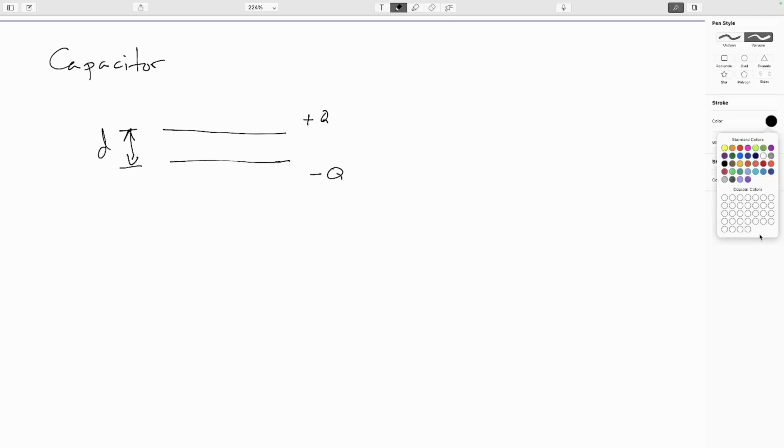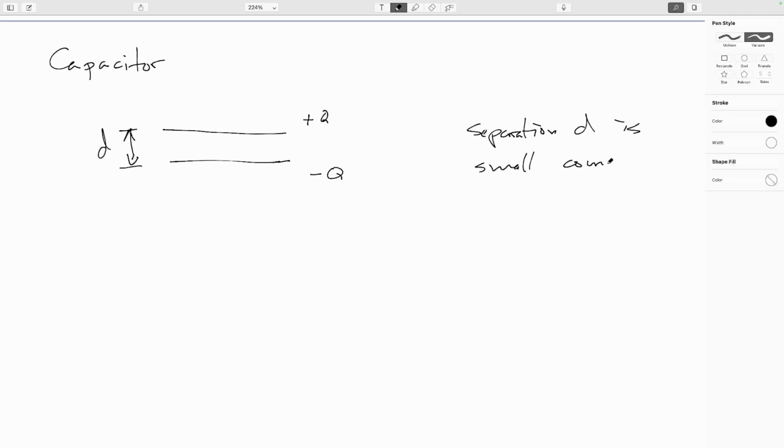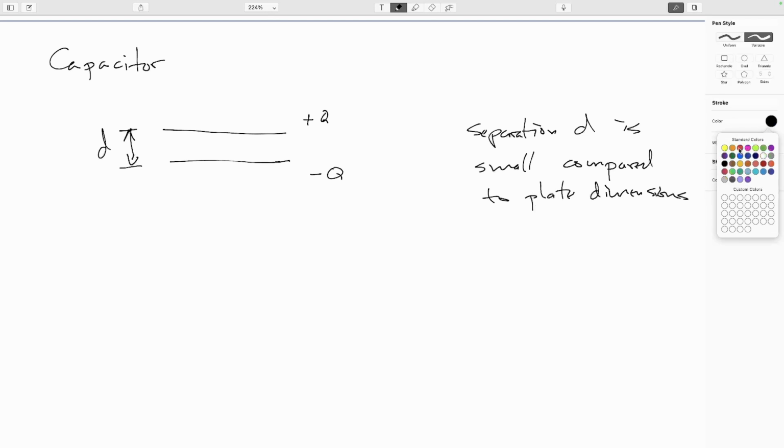Usually we assume that the separation d is small compared to plate dimensions. That means almost everywhere inside the capacitor, you can pick basically any random point, and you'll have an electric field vector that points away from the positive charge towards the negative charge, and the strength of it will basically be the same.